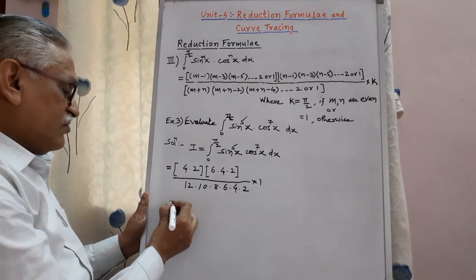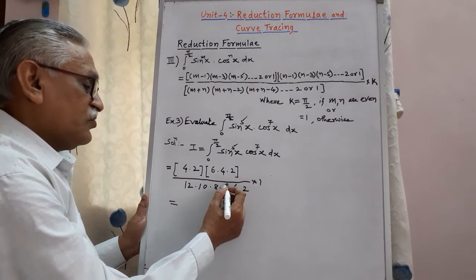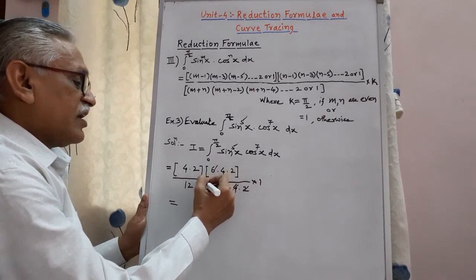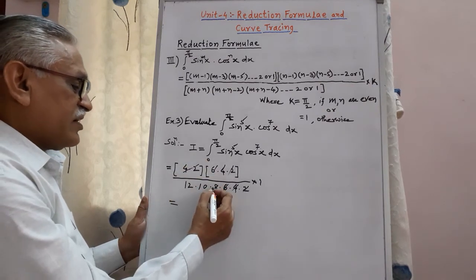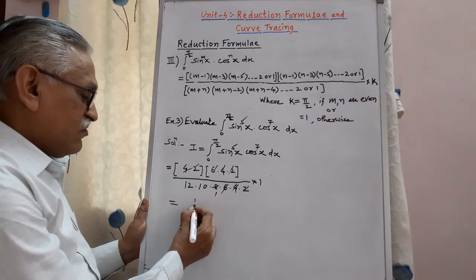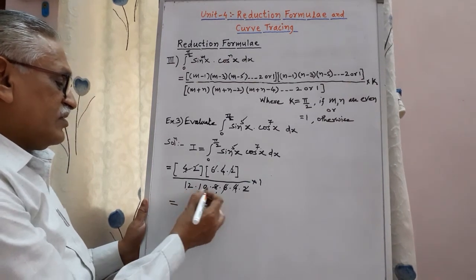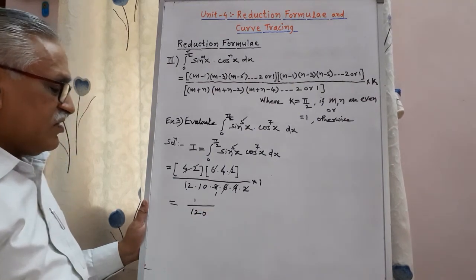Therefore it is equal to this 6 4 2 cancels with this 6 4 2, 4 twos are 8, cancels with this 8, therefore it is 1 upon 12 into 10, we get 120.